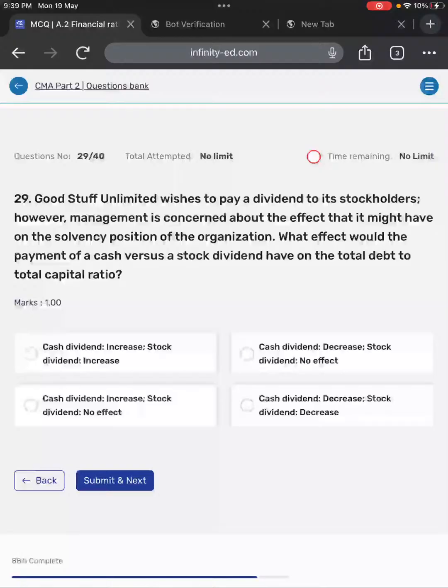Cash dividend will decrease capital, so debt to capital will increase. Debt will not decrease.